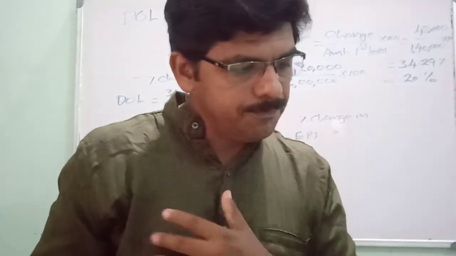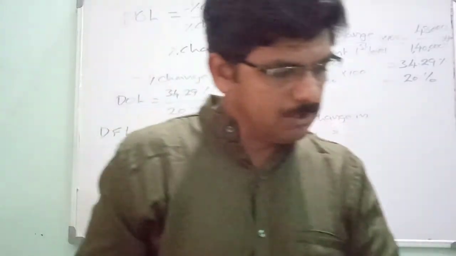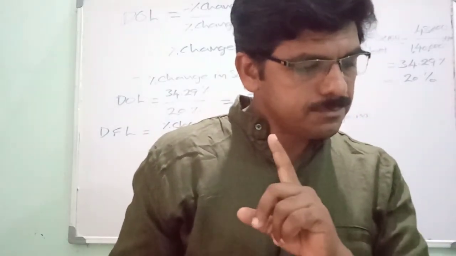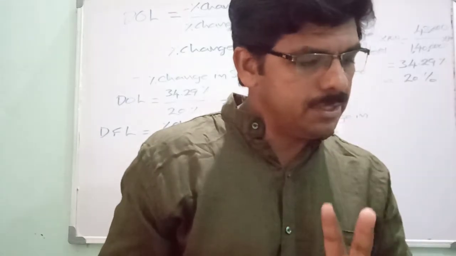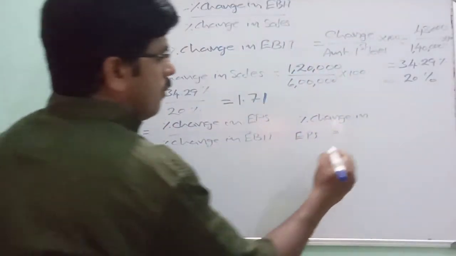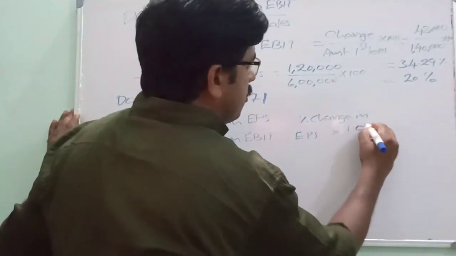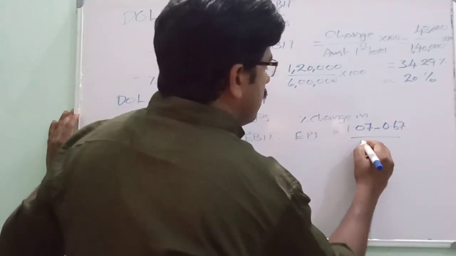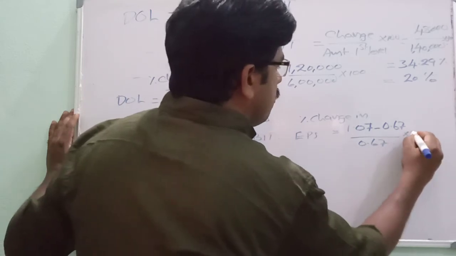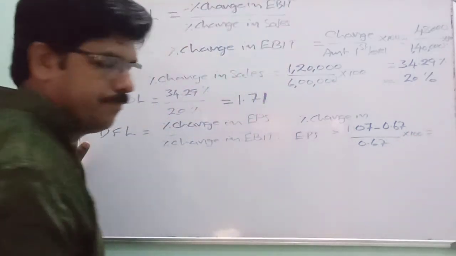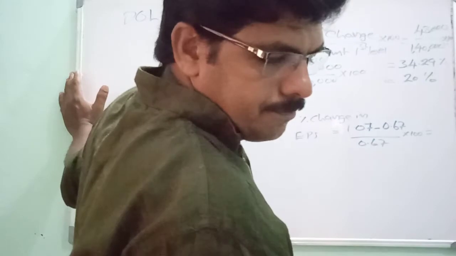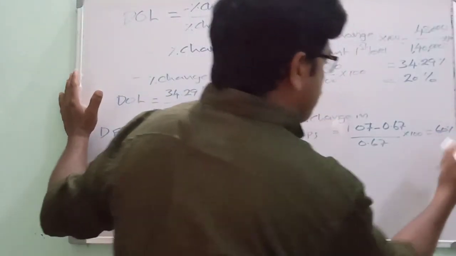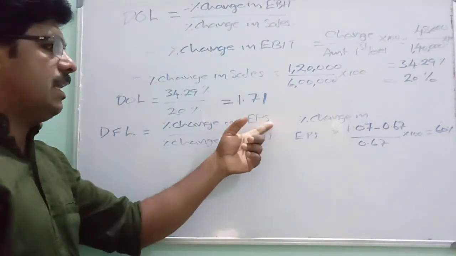Percentage change in EPS is 1.07 minus 0.67, divided by 0.67, into 100, that is equal to 60%. 60% is the change in EPS.